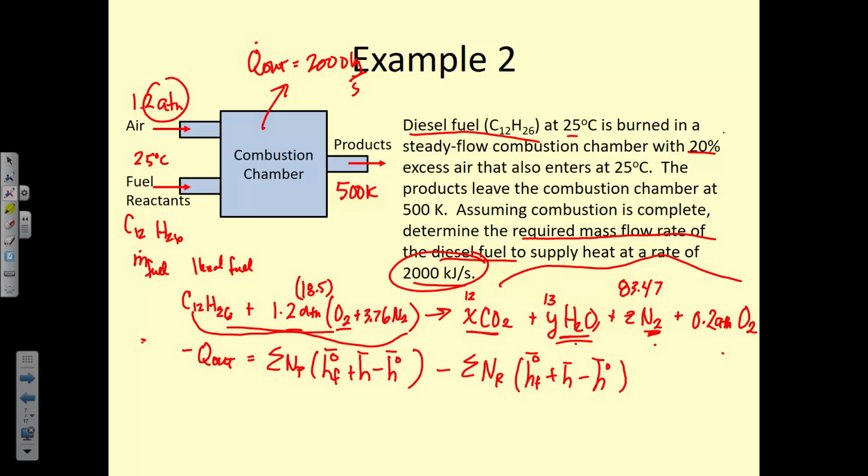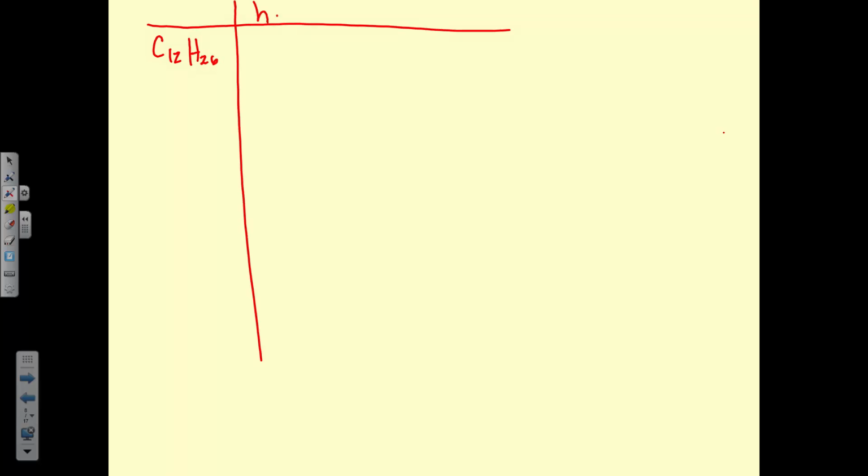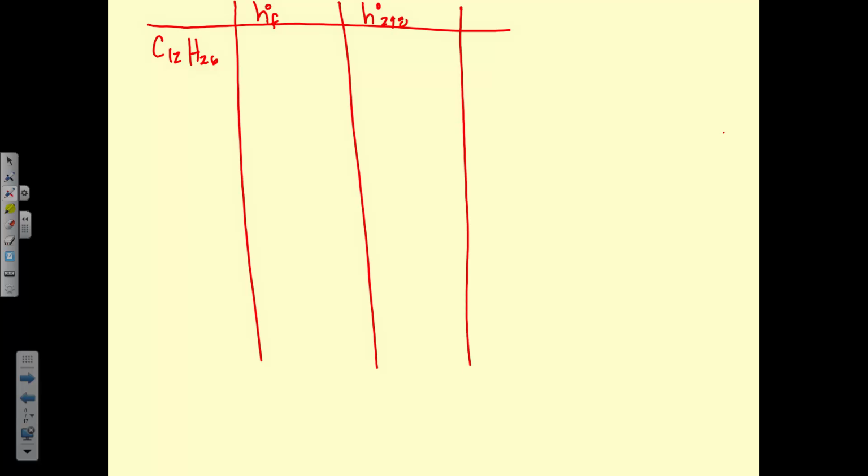Okay, so we can go to the next slide and give yourselves some room. For C12H26, we're going to look up the enthalpy of formation, the reference enthalpy at 298, and also the enthalpy of the products at 500 K. So we need to do that for C12H26, diesel.